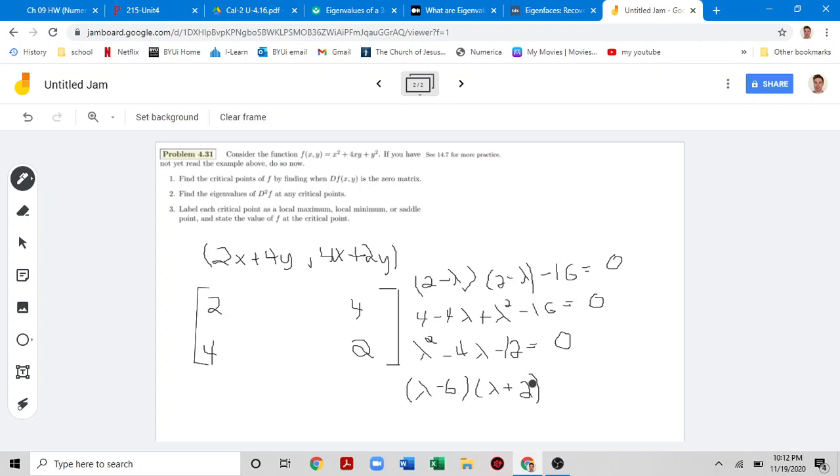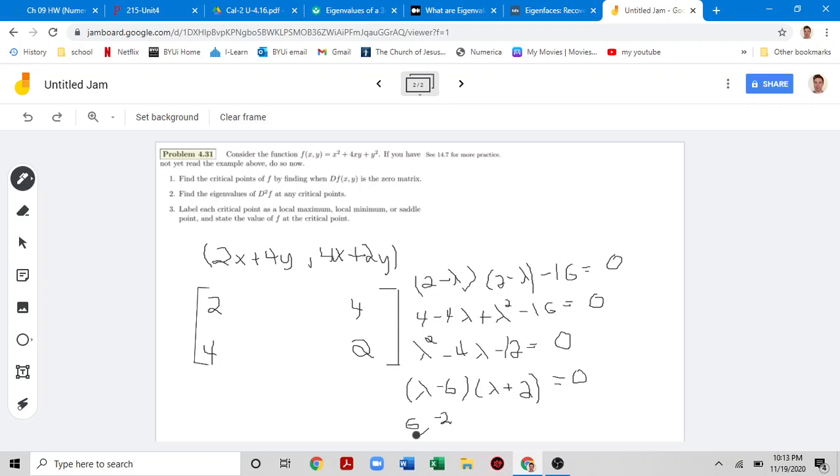So one way you could see that is negative 6 times 2 equals negative 12 right here. And then negative 6 plus 2, that's going to be negative 4 right there. So that equals 0. So for the eigenvalues, we solve for when it equals 0. So this would be 6, and this would be negative 2. So those are the eigenvalues.